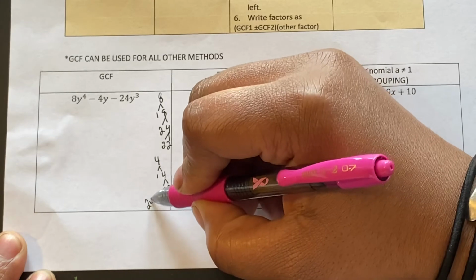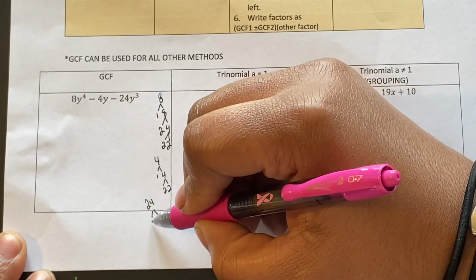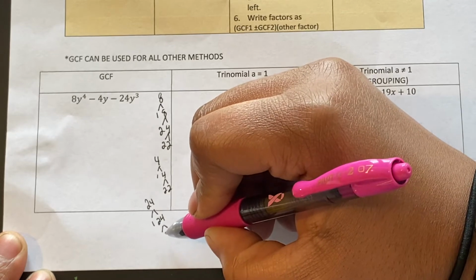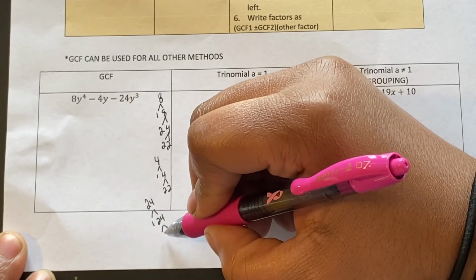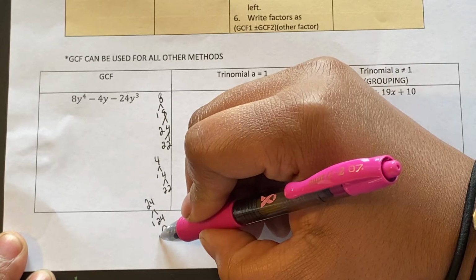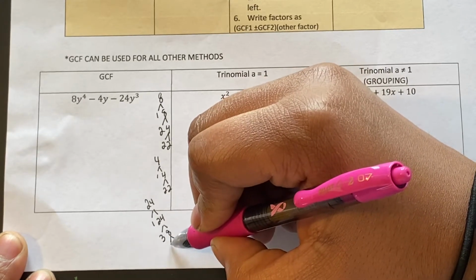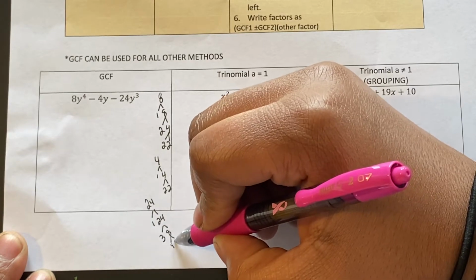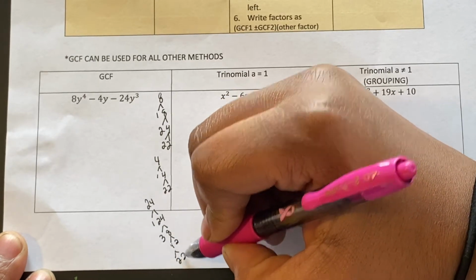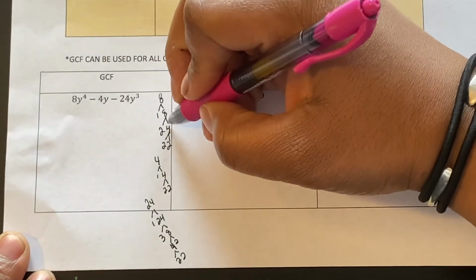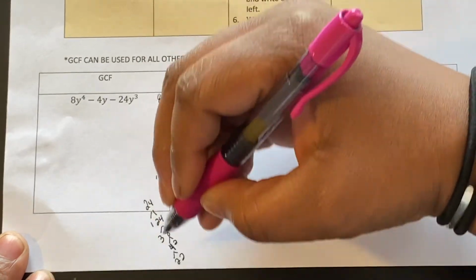And 24 has factors of 1 and 24, 3 and 8, 4 and 6, and 2 and 12. As we can see, the greatest common factor, the largest number they have in common, is 4.